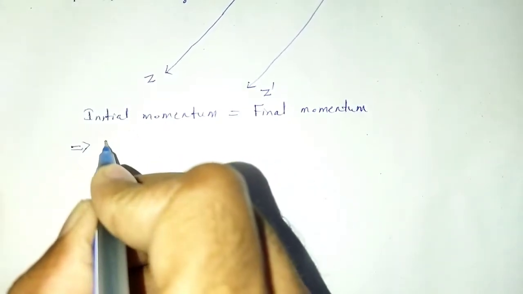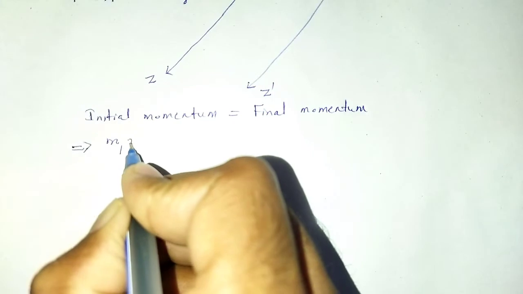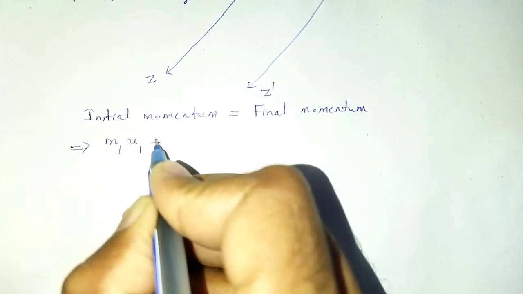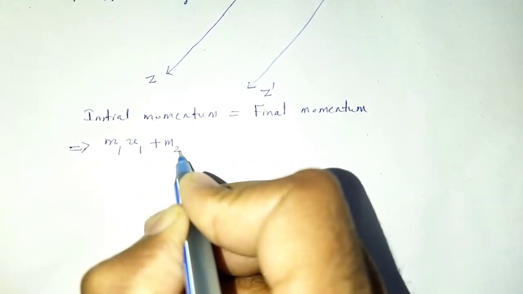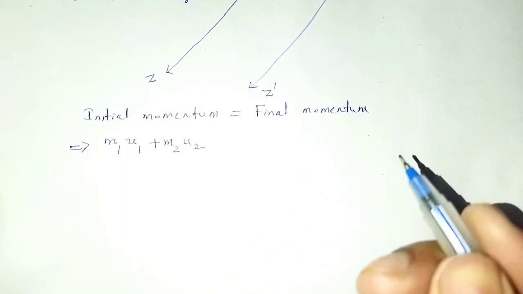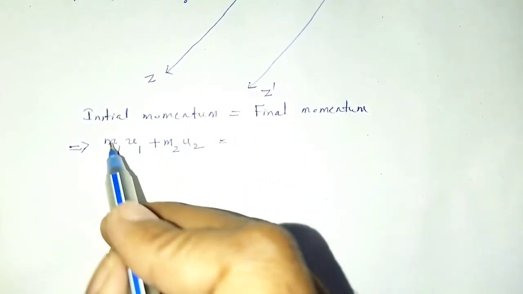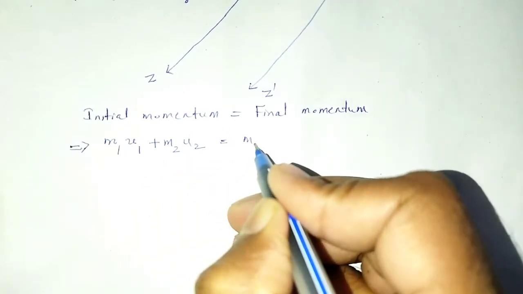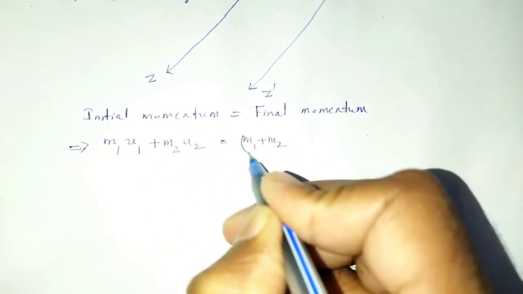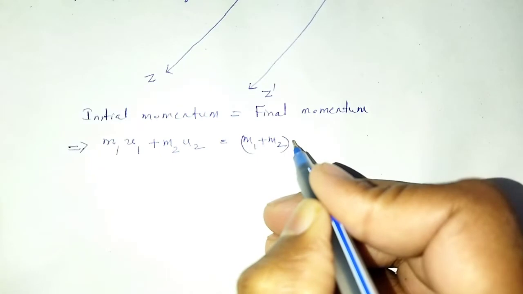Here the initial momentum is m1 u1 plus m2 u2, and the final momentum, with the masses combined, is m1 plus m2 and its velocity changes to v.